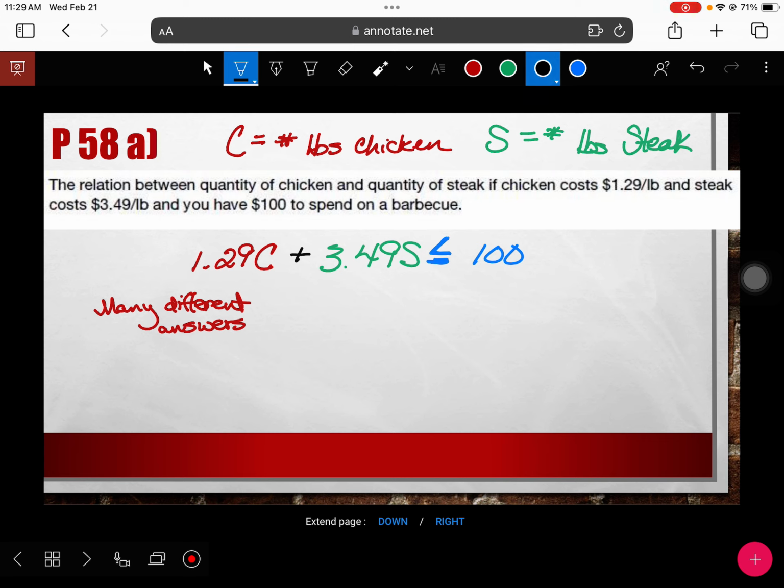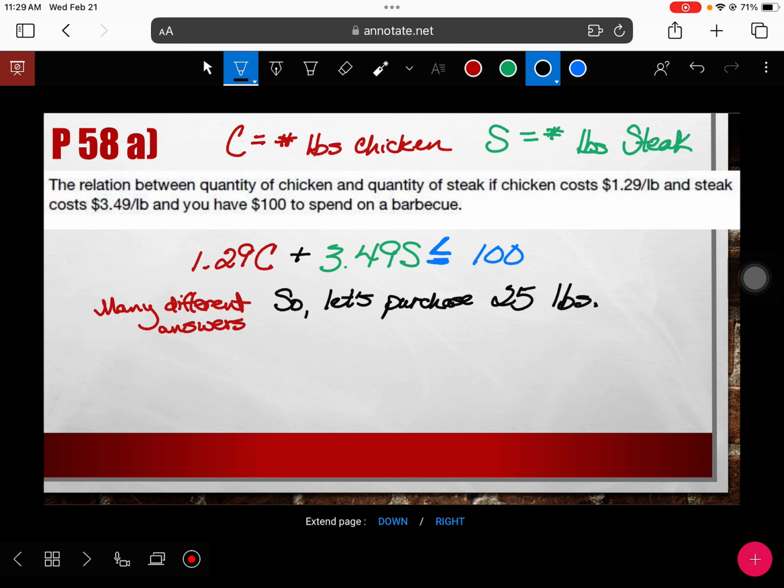So here is something I'm going to tell you that's going to help us solve this. We are going to purchase 25 pounds of chicken.